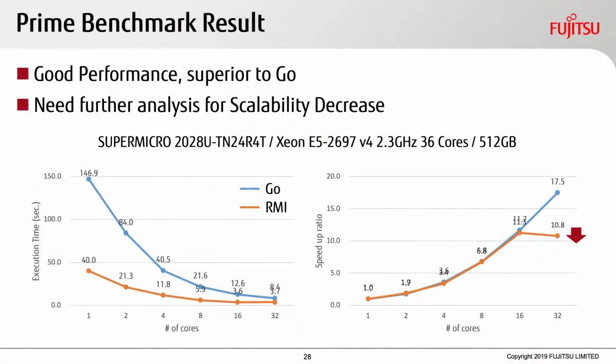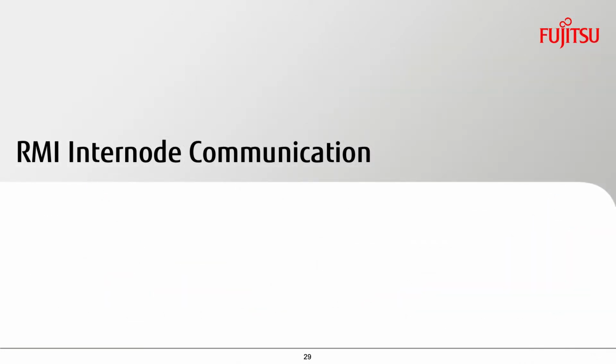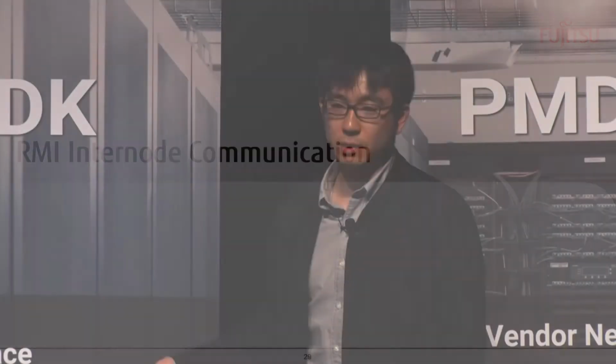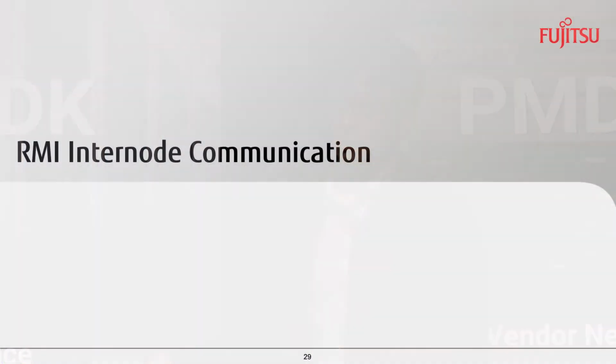Next topic is internal communication optimization for better node scalability. Our system uses a network interface that supports RDMA, remote direct memory access, which can directly access remote memory without additional memory copies. Verbs APIs are commonly used for RDMA communication. However, it only provides asynchronous posting and polling style primitives.